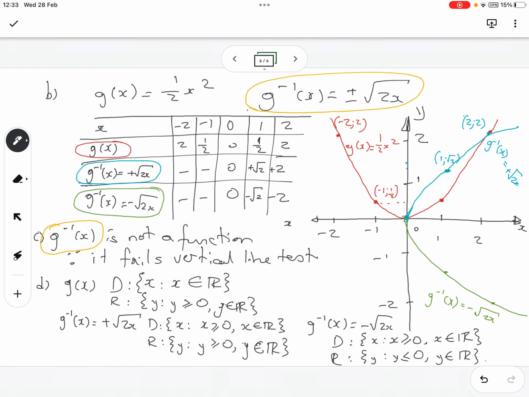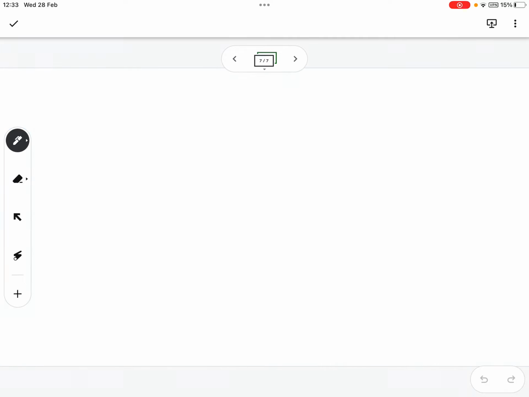Determine the last part. We must determine the coordinates of the points of intersection of the function and its inverse. So the points of intersection of g of x and g inverse of x, right?